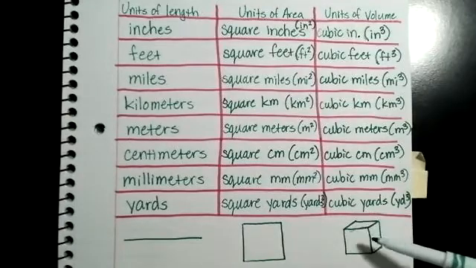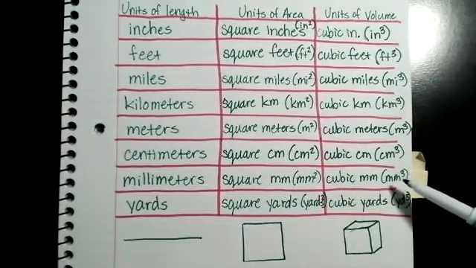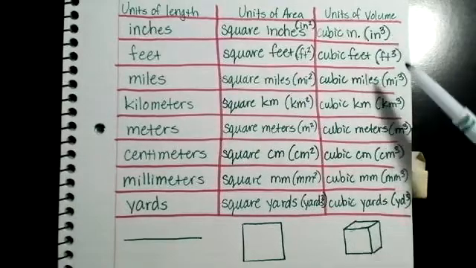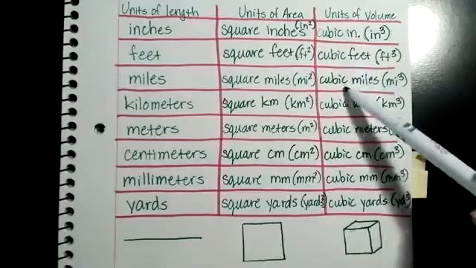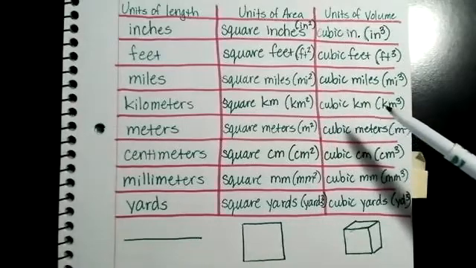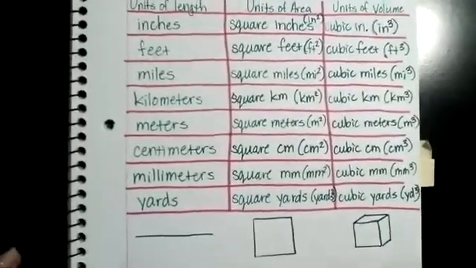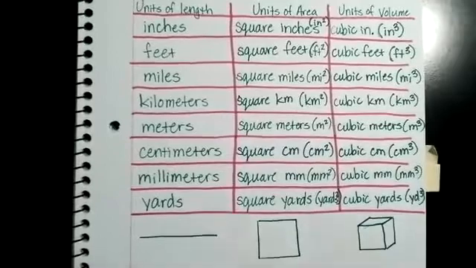You are talking about 3 different dimensions here, and that means you have to have the 3 here if you're going to do the abbreviation, or cubic in front of it, because you're talking about a cube. Okay, so let's keep that in mind and let's apply that. I'll leave this here and now we'll try it out together.